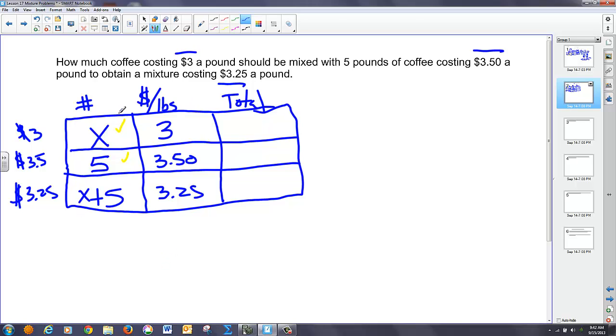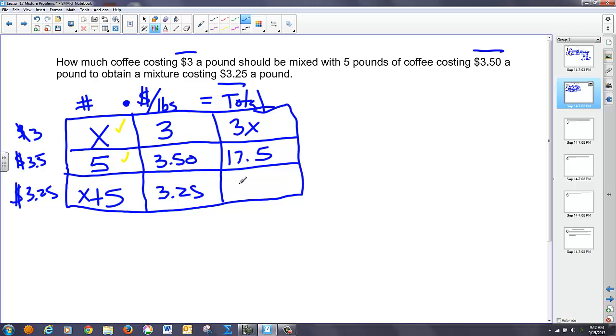Now, to get my total, again, I'm going to multiply across. Because think about it, if I had 10 pounds at $3 a pound, that would be 10 bucks. But I don't know how much I have of this, so I multiply and I get 3x. In this next case, I multiply 3.50 times 5, and I end up with 17.5.